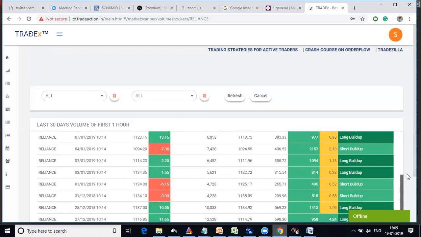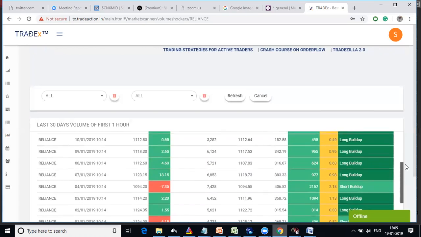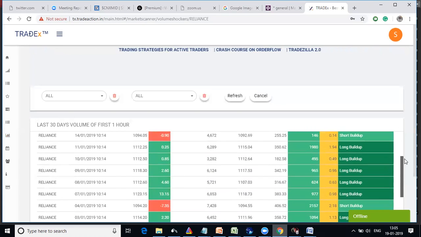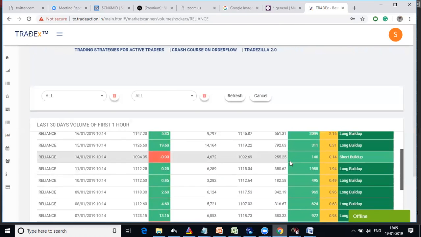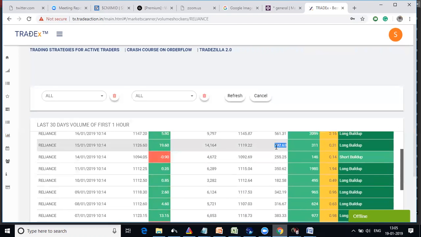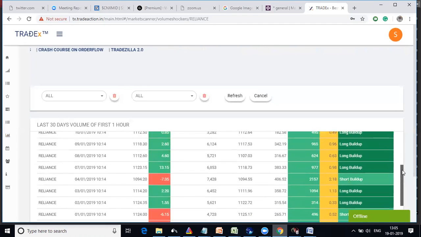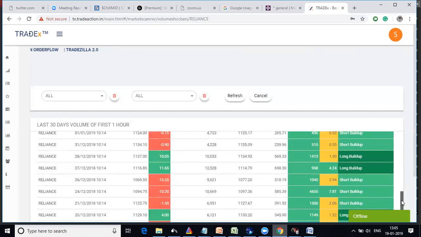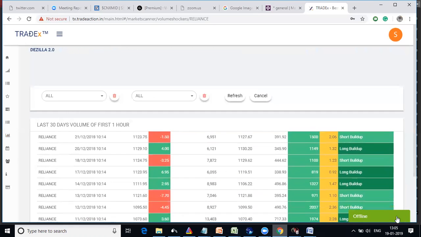The average turnover was around 200 crores, 300 crores. And on the 15th, it is 792 crores. First 1 hour turnover is not much bigger, but it is relatively bigger. So some bigger volume activity happened. Most of the time you can see the volume was around 300 crore, 400 crore. Very rarely it goes to 700 crore.